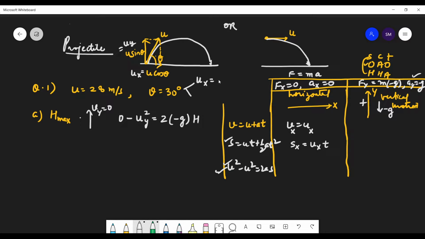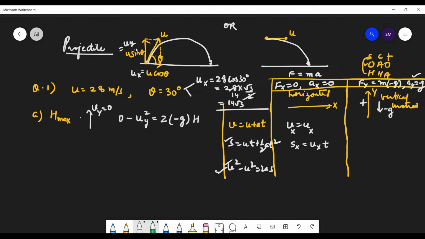So ux is equals to u is 28 and cos 30 degree. How much is cos 30? Root 3 by 2. Yes. So this is 14. So ux is equals to 14 root 3.